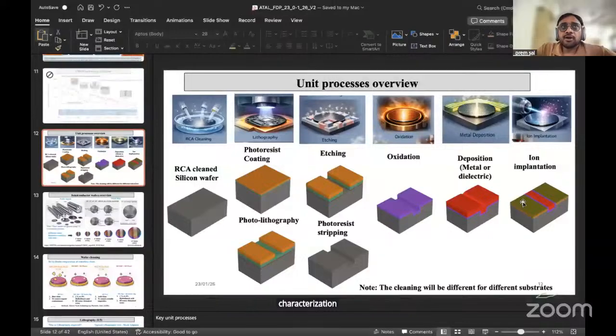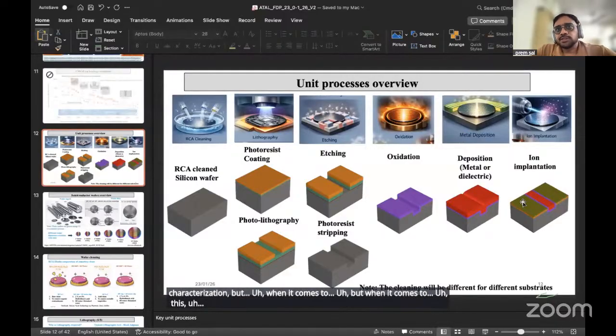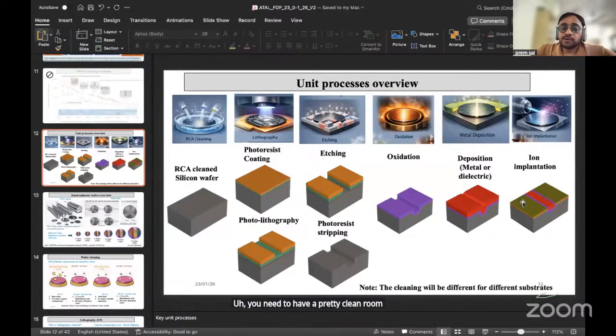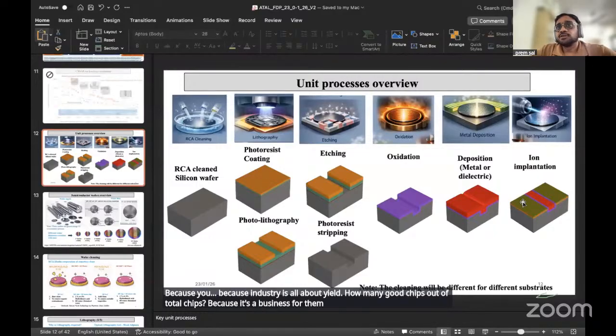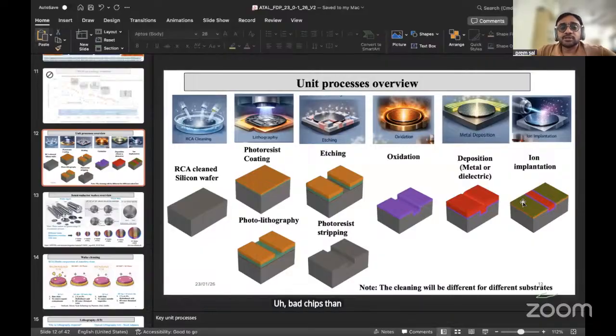But when it comes to unit processes, you need to have a pretty clean room, class 1, because industry is all about yield. How many good chips out of total chips? Because it's a business for them. So we want fewer bad chips than good chips.